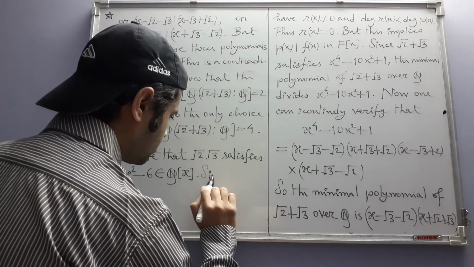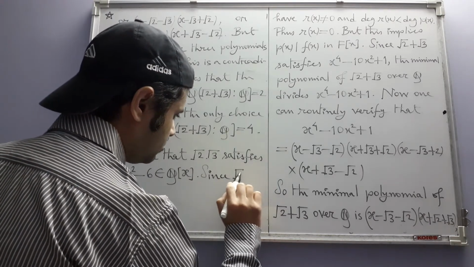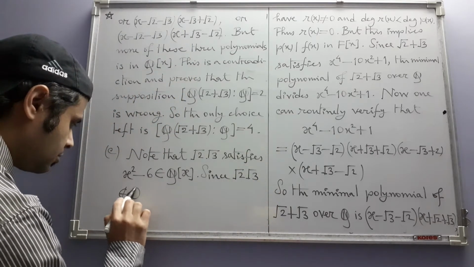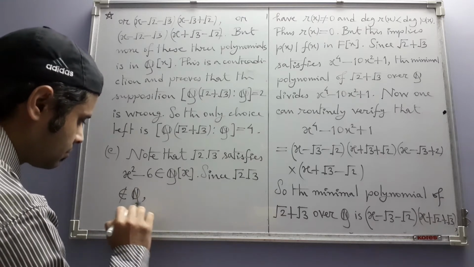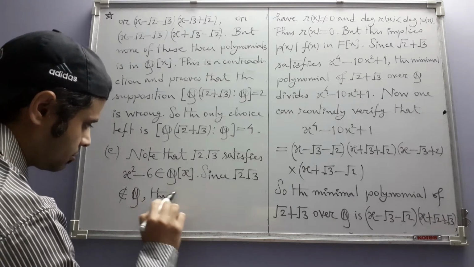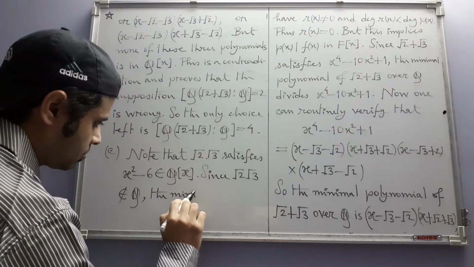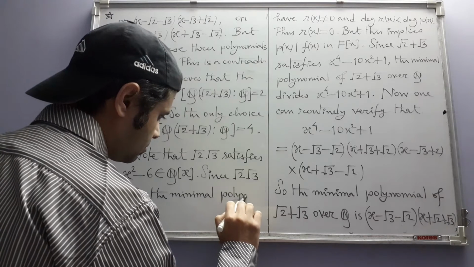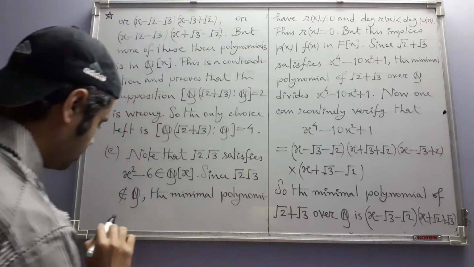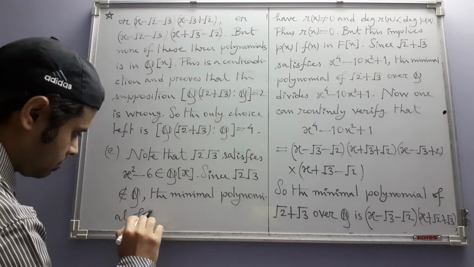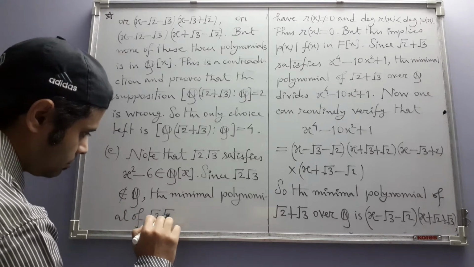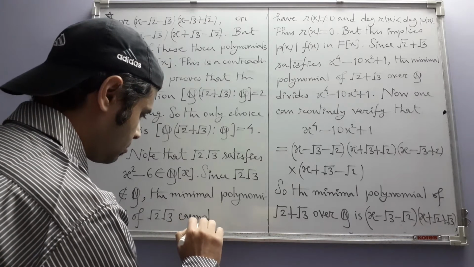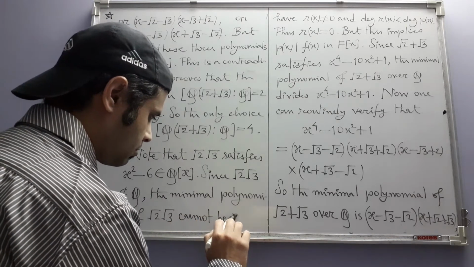since root 2 root 3 does not belong to Q, the minimal polynomial cannot be this.